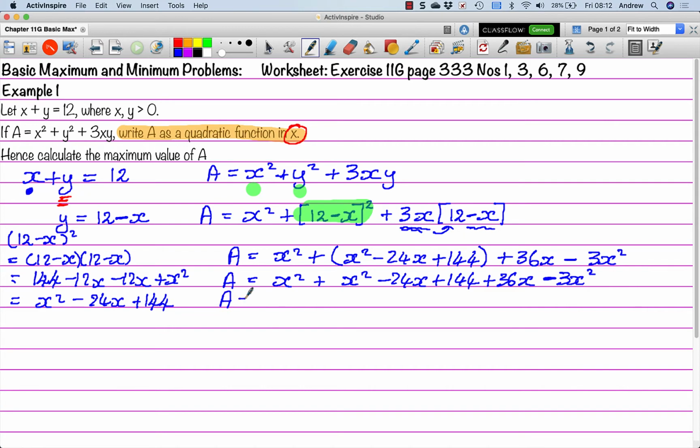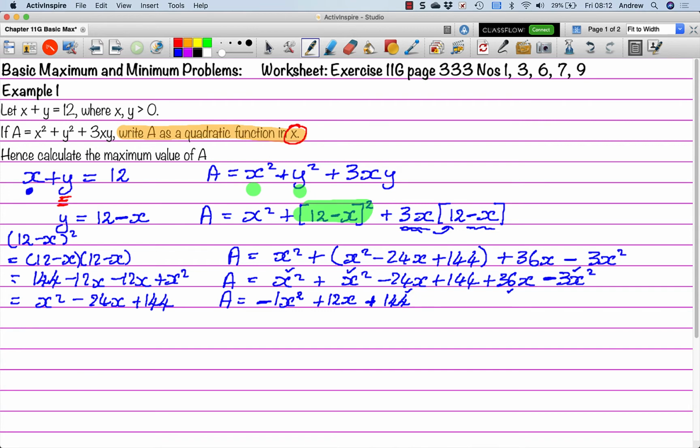So area is equal to, well, x squared plus x squared is 2x squared, minus 3x squared is minus 1x squared. Minus 24x plus 36x is plus 12x. And then we're left with plus 144.